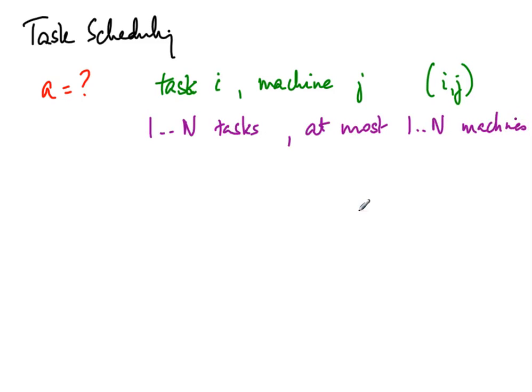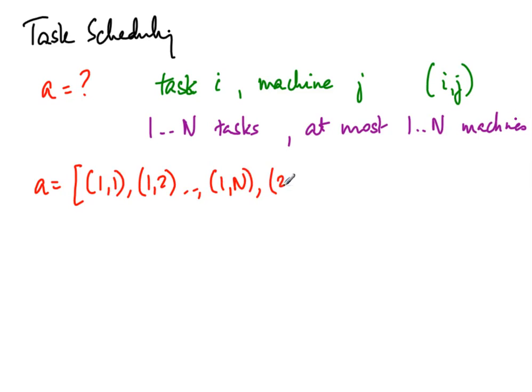And what we want to do is, of course, process the tasks assuming that they are in starting order. So A would be the set of all possibilities starting with assigning 1 to 1 or 1 to 2 or 1 to n, then assigning 2 to 1 or 2 to n, and so on, and then finally assigning task n to machine 1 or task n to machine n.